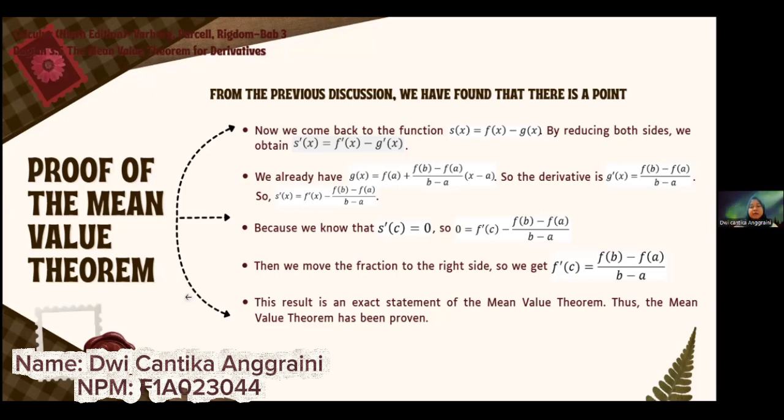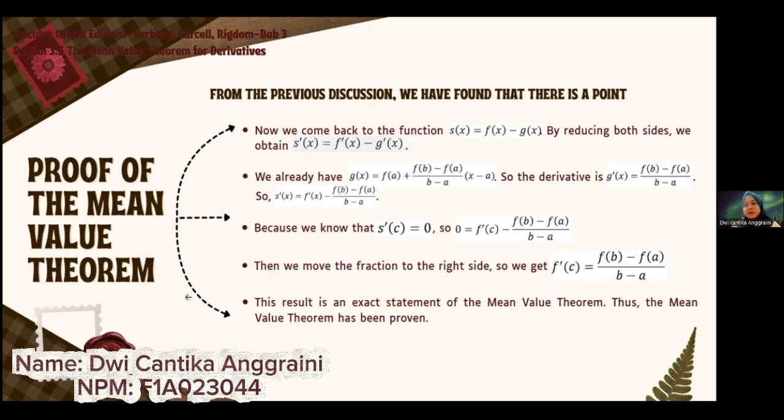We already have g of x equals f of a plus the quantity (f(b) minus f(a)) over (b minus a) times the quantity (x minus a).